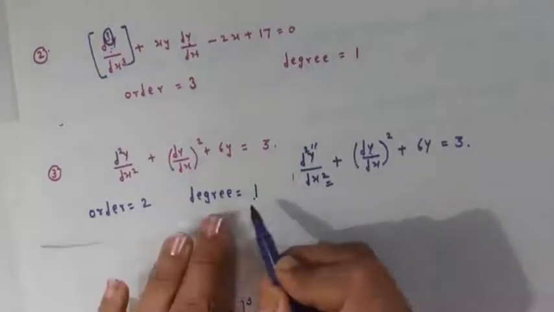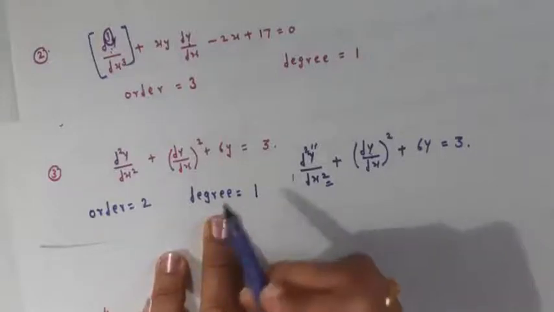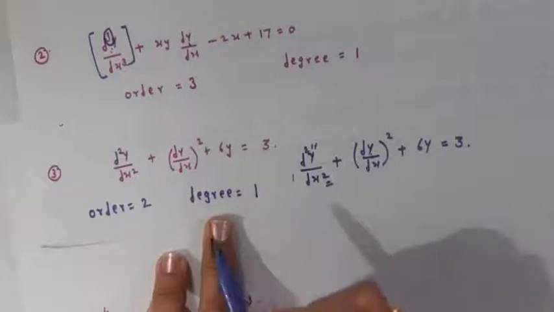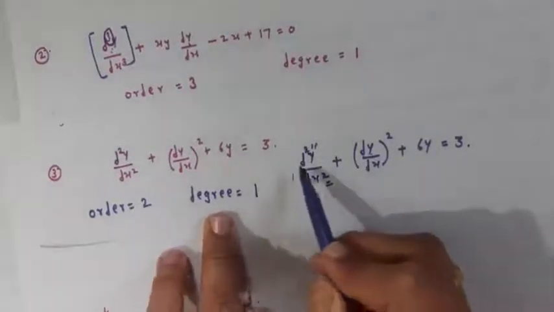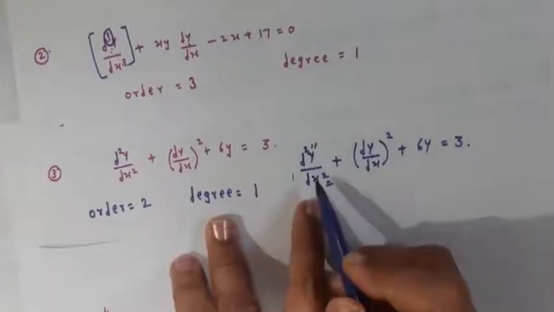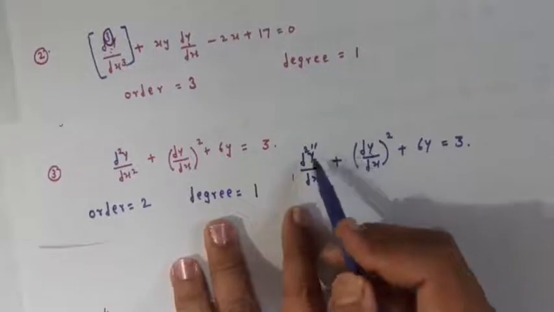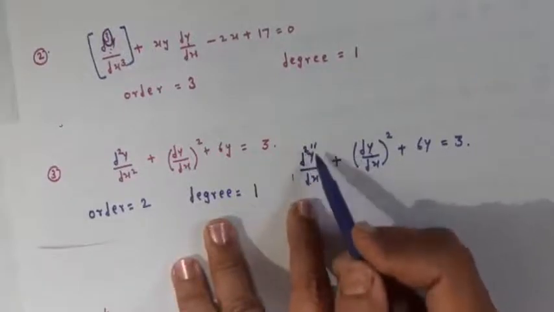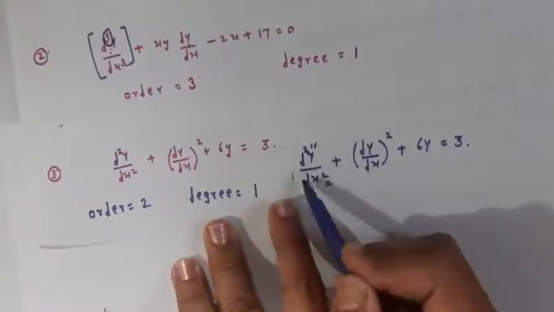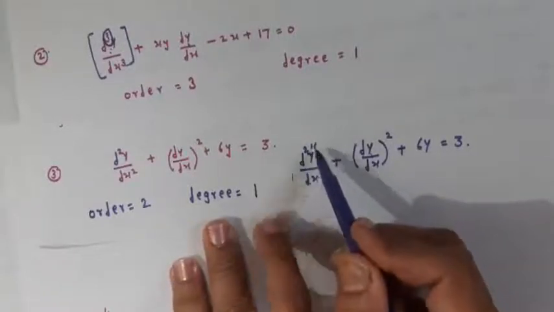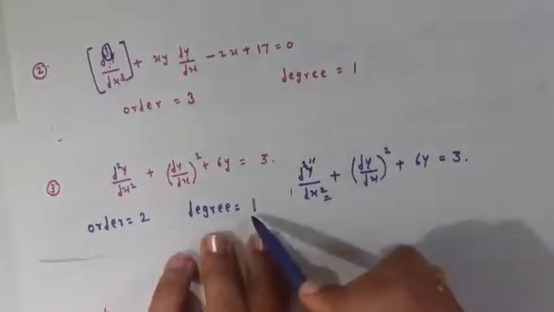Why? Because the degree of a differential equation means the power of the highest order derivative in that differential equation. So in this differential equation, the highest order derivative is of order 2 and its power is 1, and degree means the power of the highest order derivative. That's why degree is 1. Okay, order is 2 and degree is 1.